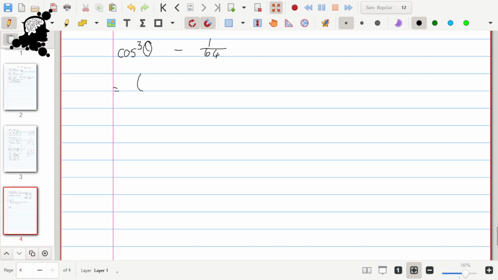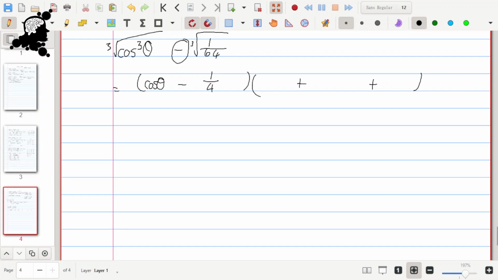So we said we have two sets of brackets, and once again, because this is negative, I will have minus, plus, plus, always. Now, the cube root of cos cubed theta is cos theta. The cube root of 1 over 64 will give you 1 over, let's see, 4.